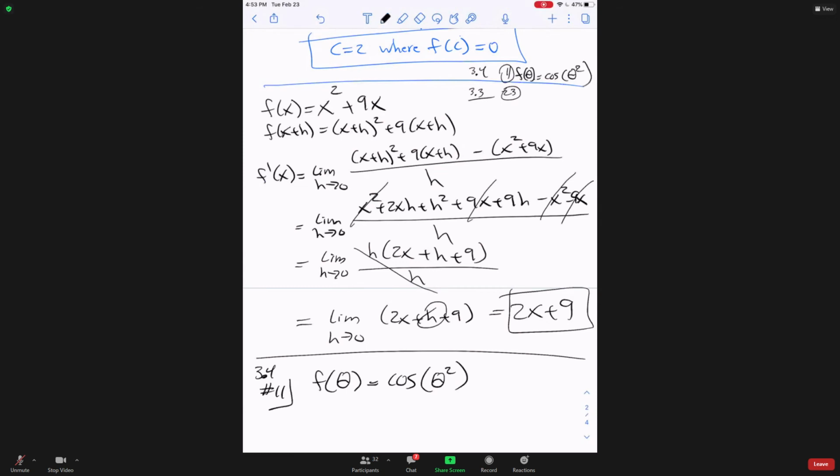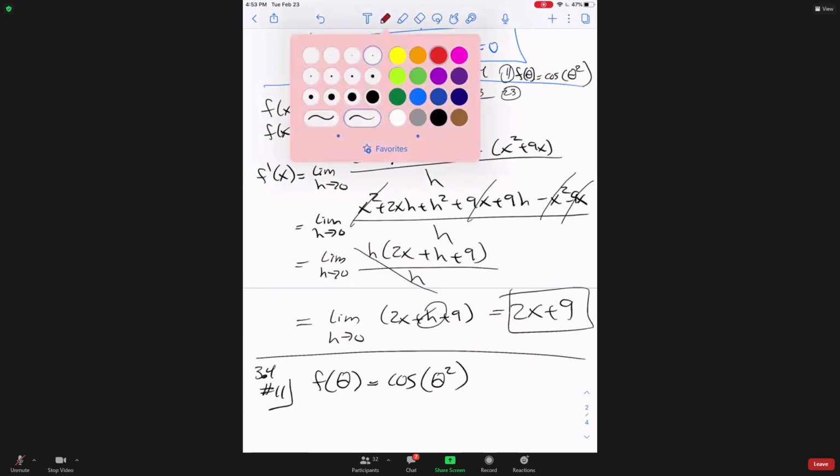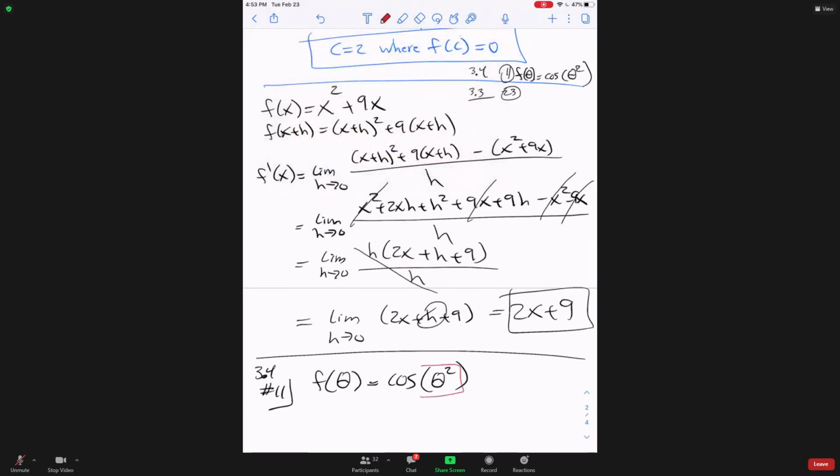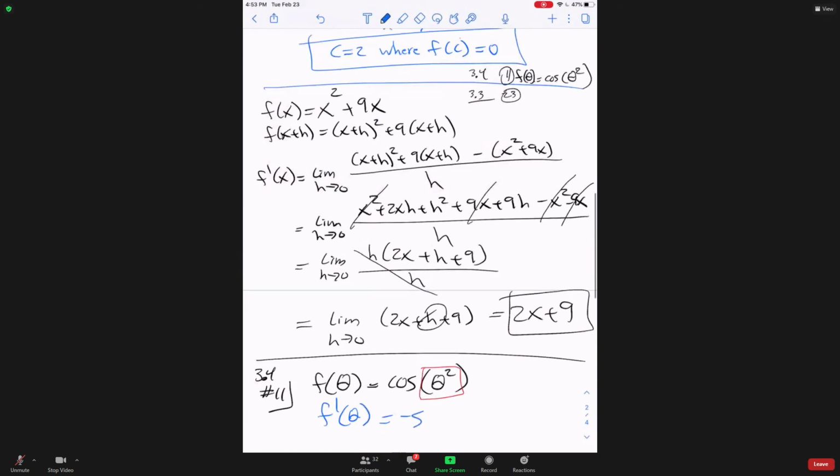All right, so this is cosine of theta squared. So cosine of the whole thing is your u. So the main function is the cosine function. So f prime of theta is, well, what's the derivative of cosine? That's the main function. It's negative sine of u.